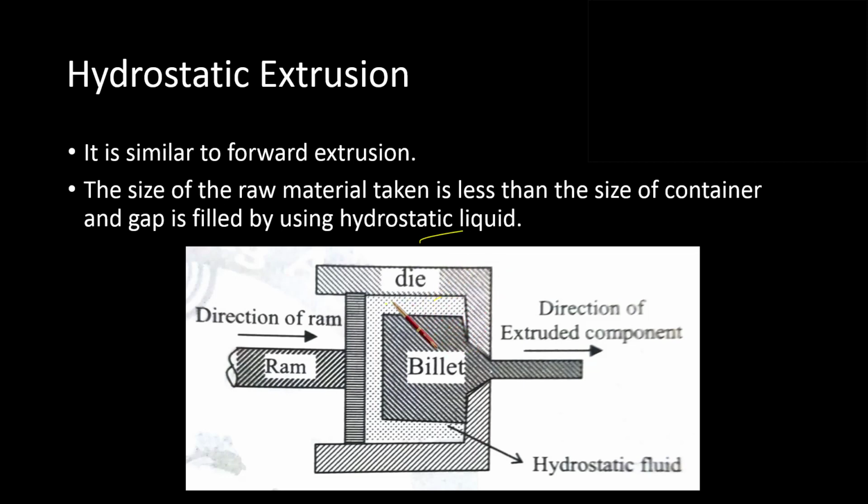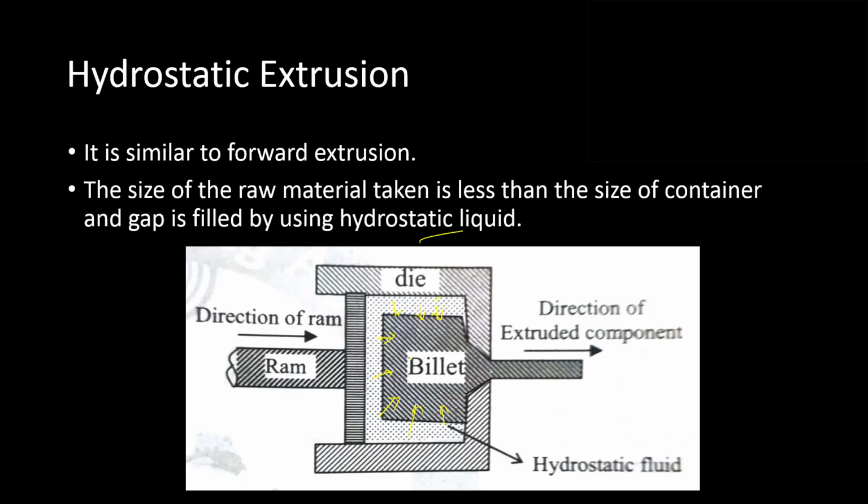This liquid will apply force because the force is applied by the ram, and that force is not from one direction. It is hydrostatic force, so it is applied from all directions, and that is very good.